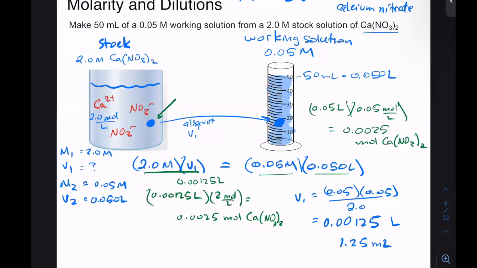We're transferring that number of moles that we've got from the stock, and we're putting that into our final working solution. But the number of moles doesn't change. Number of moles is equal to 0.0025 moles of calcium nitrate. Number of moles doesn't change.